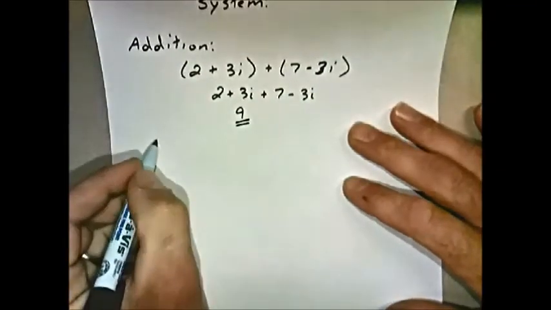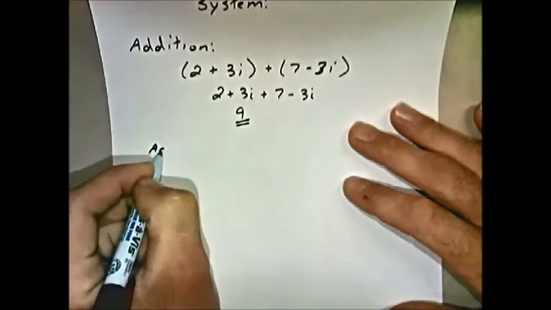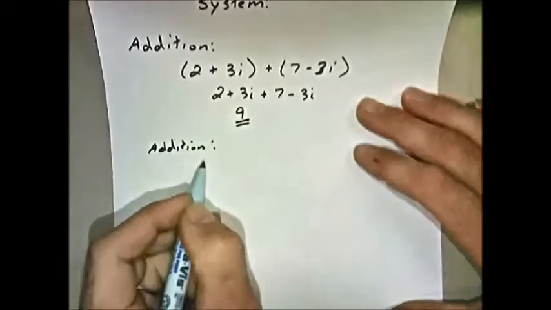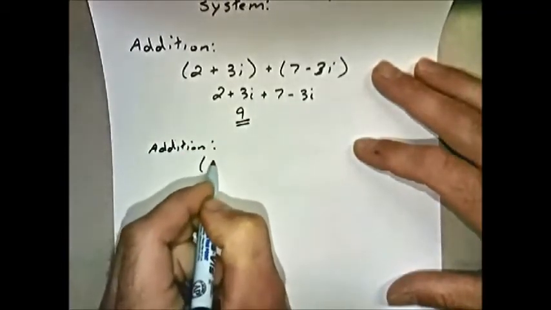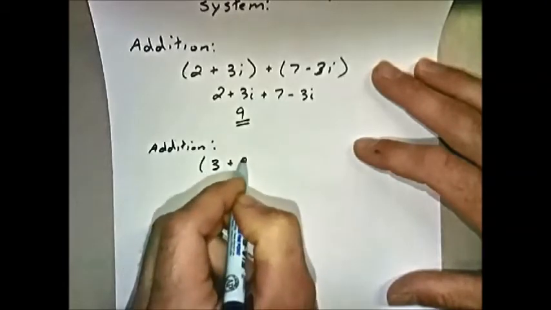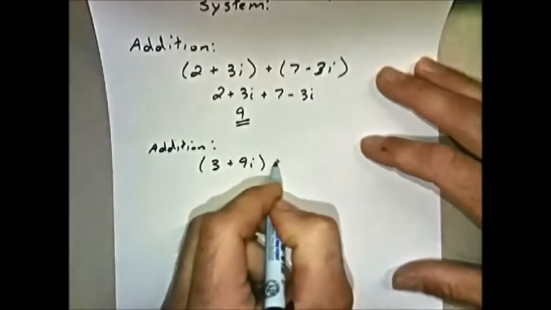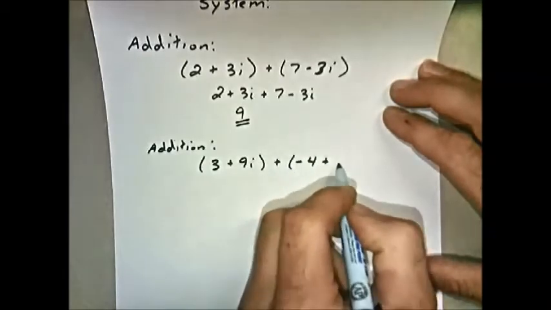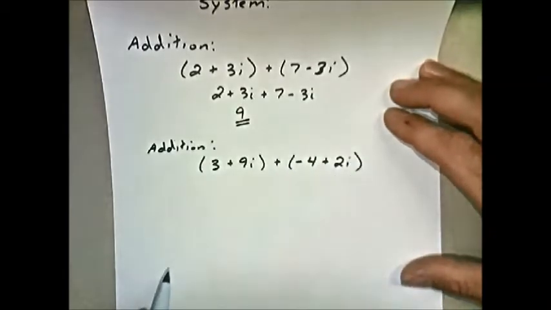Another example of addition, to where the i's don't cancel. Let's say we have 3 plus 9i, and let's add to it a negative 4 plus 2i.